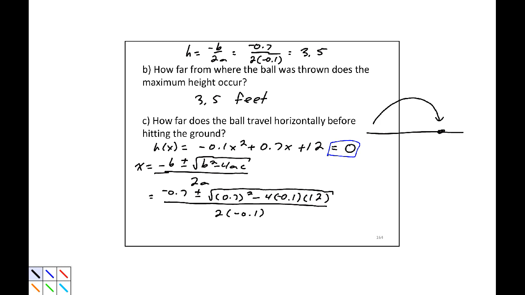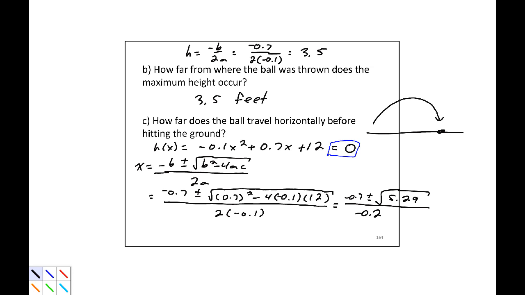Let's do the discriminant first. 0.7 squared minus 4 times negative 0.1 times 12 is 5.29. So this is the square root of 5.29, negative 0.7, all divided by negative 0.2.